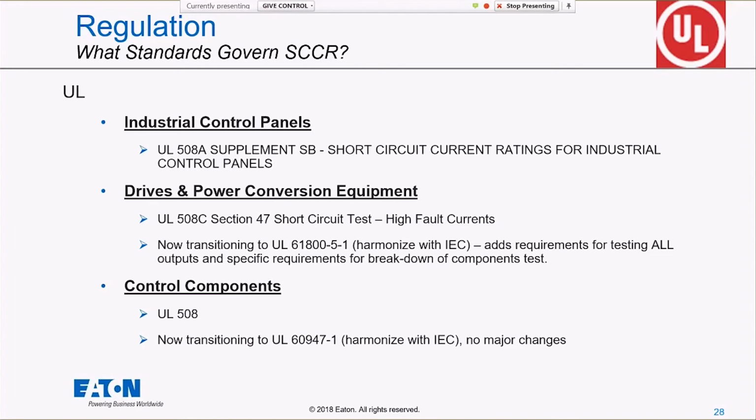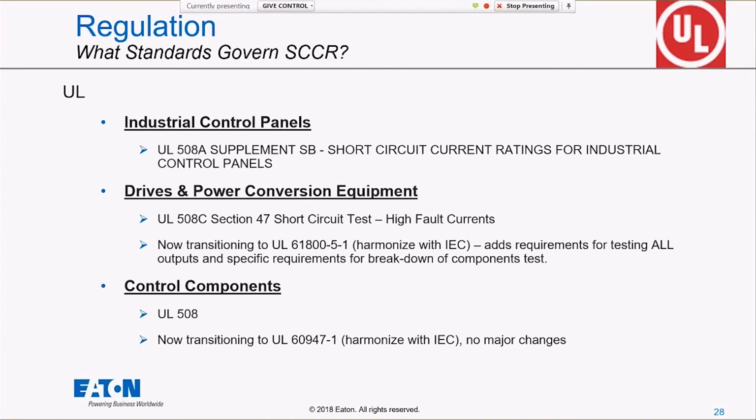And then control components are often listed to UL 508. So not UL 508A. UL 508A is the assembly. A is for assembly, right? So that's for the entire industrial control panel. UL 508 is for a lot of the components that go inside the panel. That is also transitioning to UL 60947-1, another harder to remember number, but we're harmonizing with the IEC here.